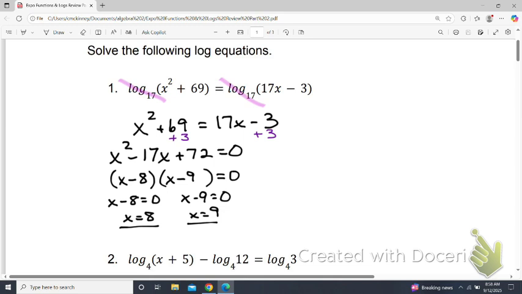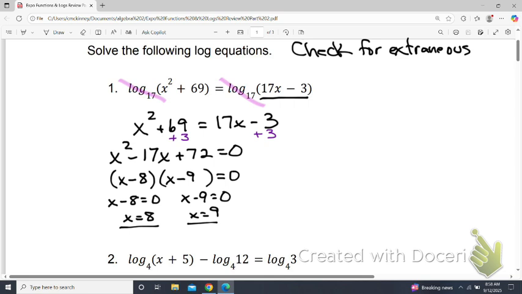And then we should be checking for extraneous solutions. So that has been added to the directions for the quiz as a reminder to check for extraneous solutions. And remember, for logs, anything that would create a 0 or a negative number in the argument would be extraneous.